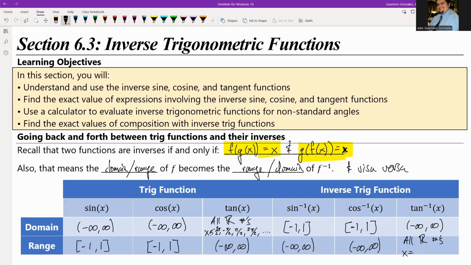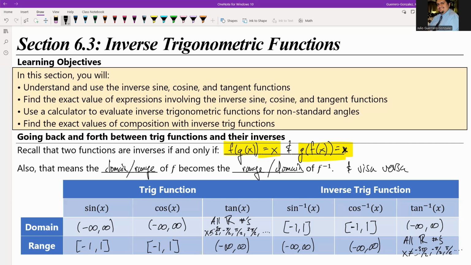Except x cannot equal -3 pi over 2, and then dot, dot, dot backwards, -pi over 2, pi over 2, dot, dot, dot. Okay? There we go. So everything sort of still worked out. It's not bad.